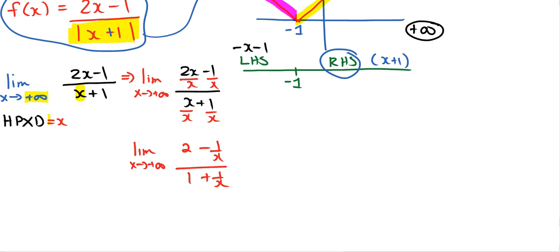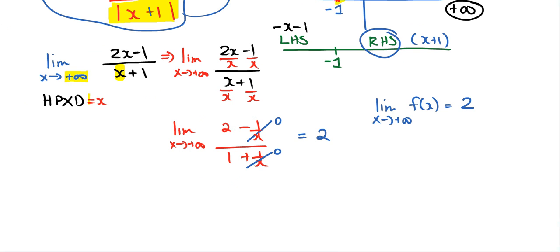Now when you do a direct substitution here, you'll notice that these terms go to 0, and your final answer is 2. Which is good. So as x goes to positive infinity of f of x, you just concluded that it reaches a constant of 2. We're halfway there into showing that we do have a horizontal limit of 2.